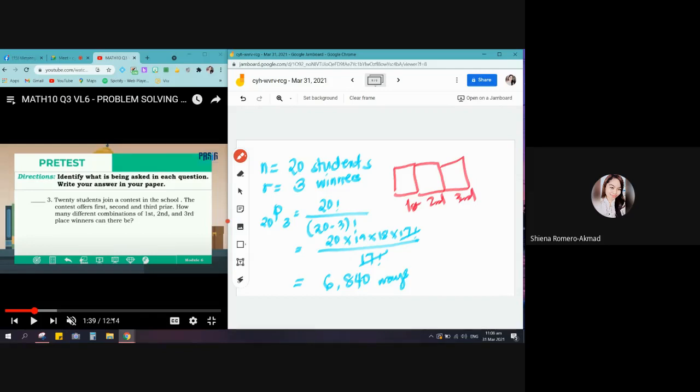We have here 20 choices, 19 choices, 18 choices. Then get their product. So, pwedeng ganito, using the formula, or pwedeng box method. It is always your choice.